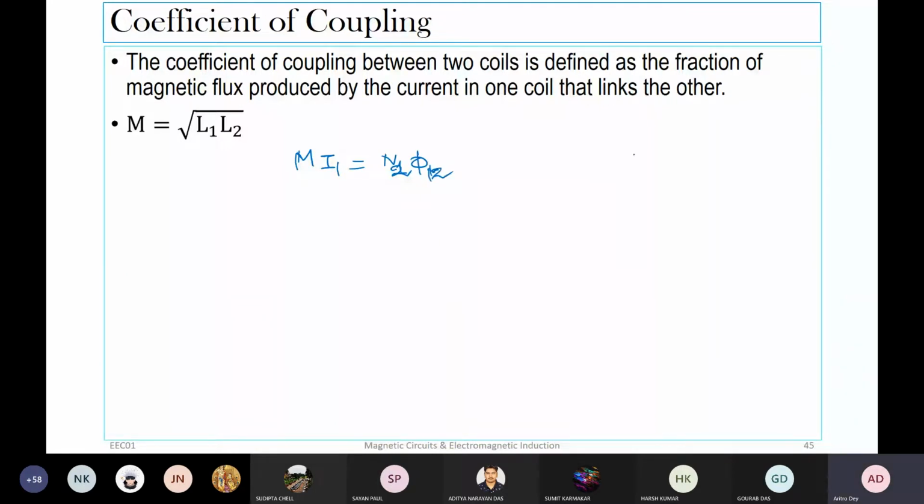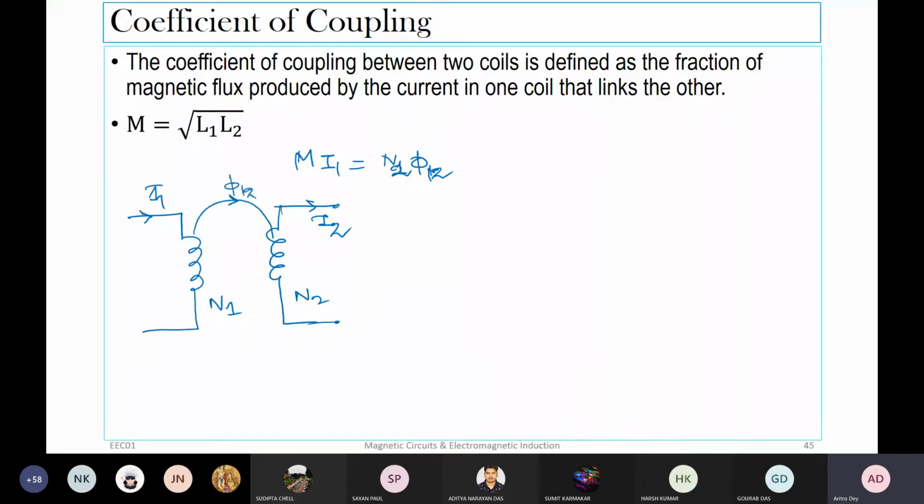And in the same way, if we have a coil like this, this is your I1 current. It is an air core circuit, let us assume for simplicity. And if this is your I2, and this is phi 12 for both the coils, we can write again mutual inductance for I2 is equal to N1 into phi 12.